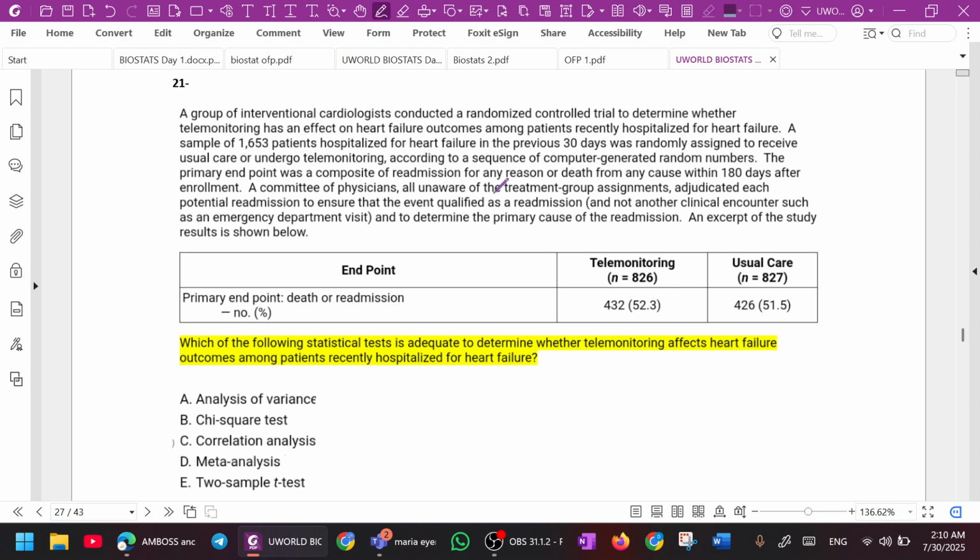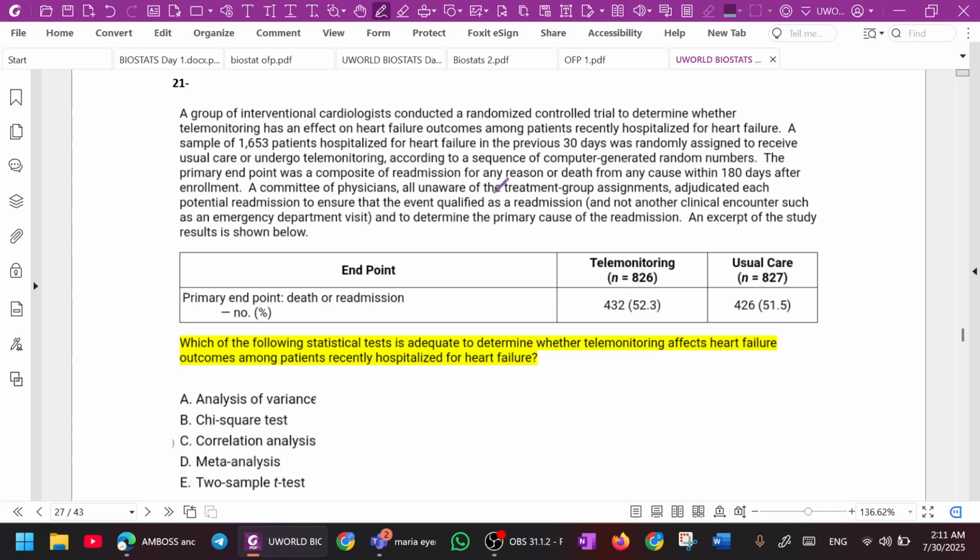A committee of physicians, all unaware of the treatment group assignment, adjudicated each potential readmission to ensure that the event qualified as readmission and not another clinical encounter such as an emergency department visit, and to determine the primary cause of readmission. An excerpt of the study result shows.